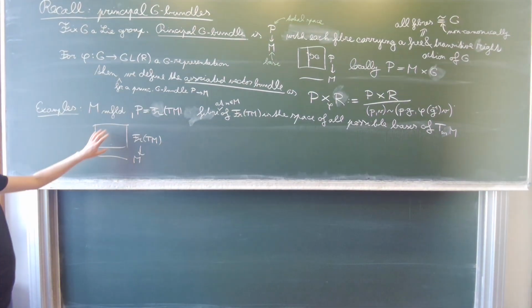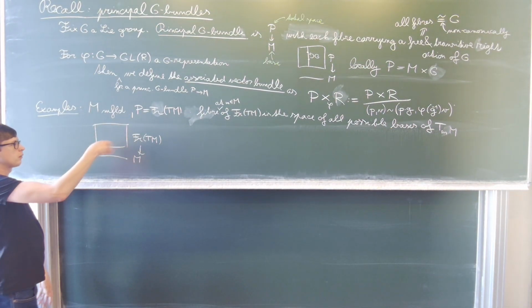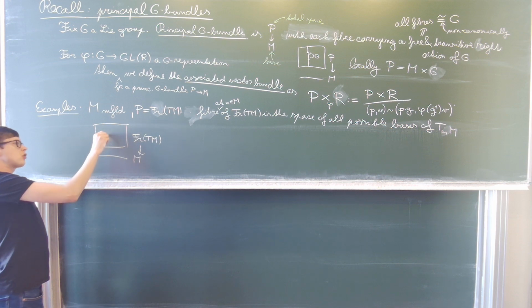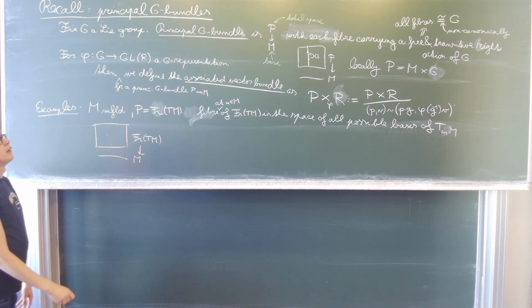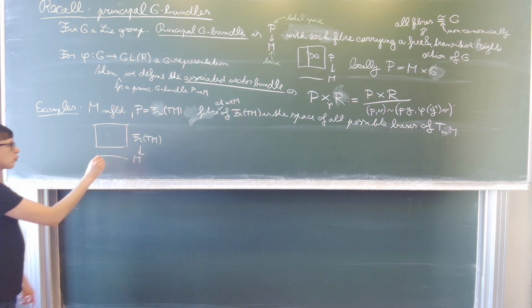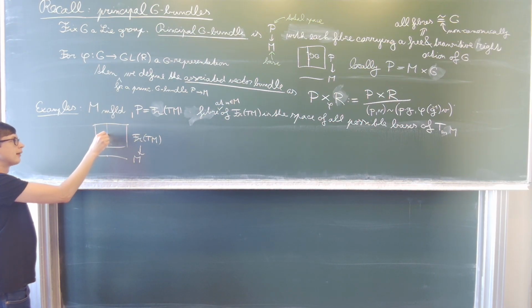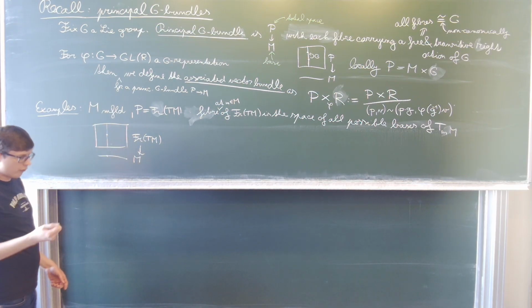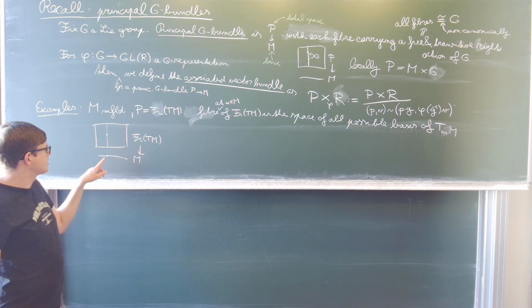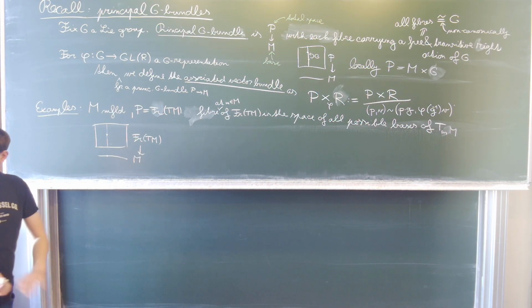So the frame bundle is really a manifold such that each point there corresponds first of all to a point at the base, and a choice of a frame, a choice of a basis of the tangent space there.